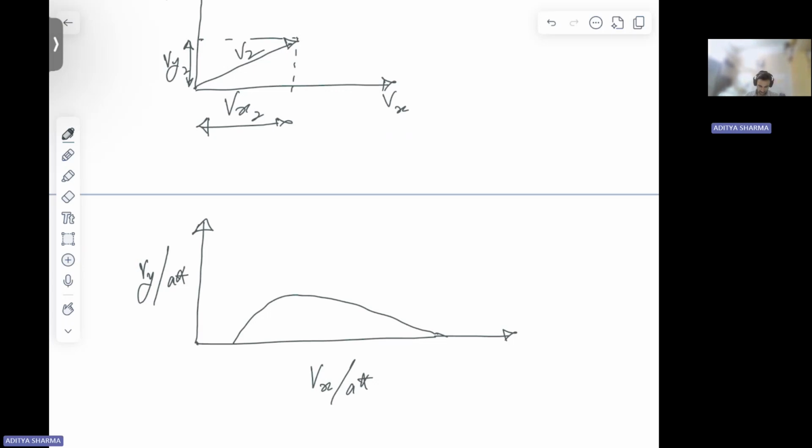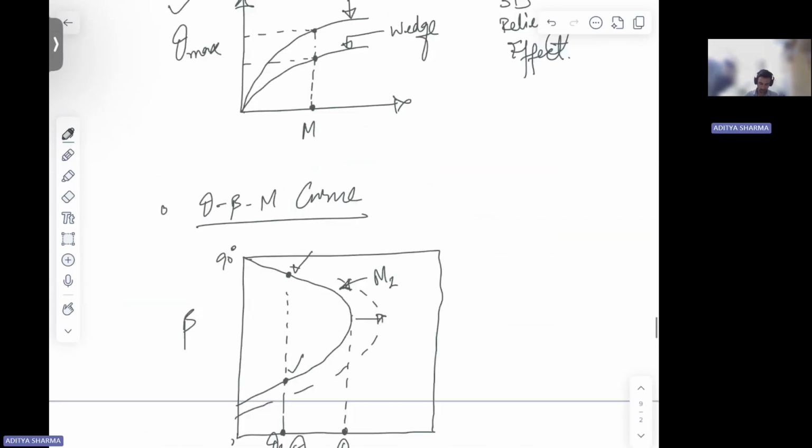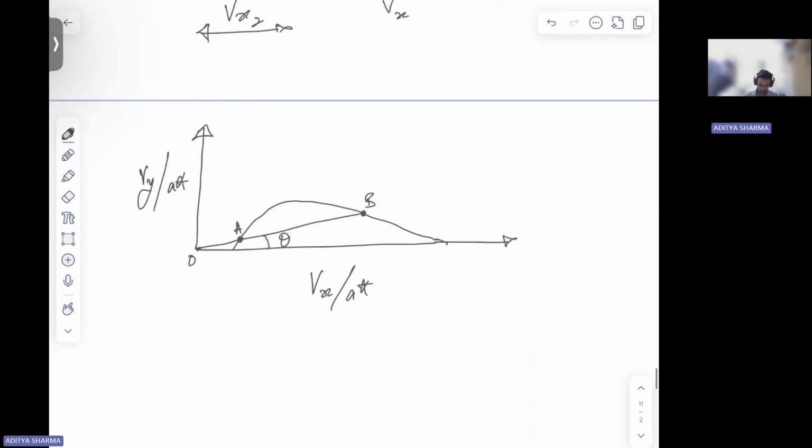So let's say we have some theta value. This line cuts the shock polar at 2 points A and B. First of all, these are two solutions of your oblique shock. For this theta, like it was shown in the theta-beta curve, two solutions. Same way here, two solutions.